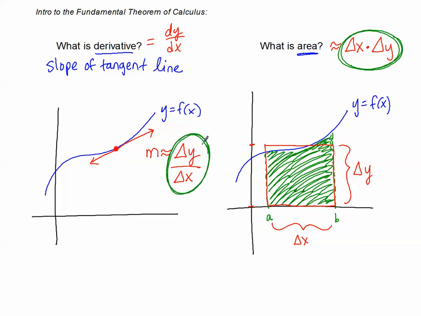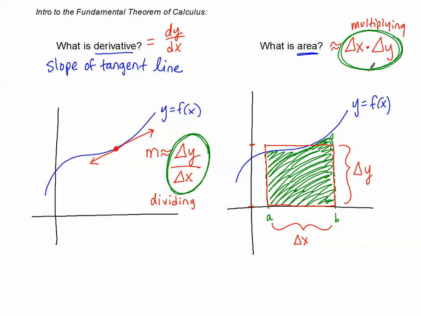Notice how they are inverse processes of each other. In the slope, we are dividing change in y and change in x, and in area, we are multiplying change in y and change in x. Dividing and multiplying are inverse processes. So what else does this tell us?